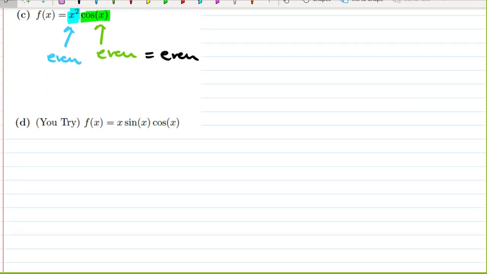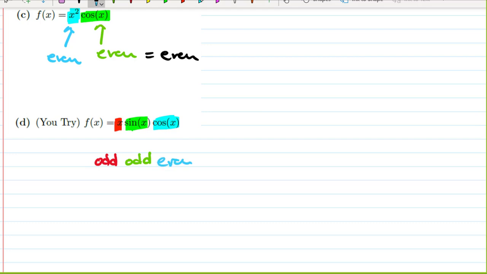All right, so I'm not going to break us out into rooms for this one, but let's go ahead and do our You Try. So f of x equals x times sine x times cosine x. And let's determine if this function is even, odd, or neither. If we take a look at this, x is going to be odd, and then sine x, as we've talked about, is going to be odd, and then we have a cosine x, which is going to be even.